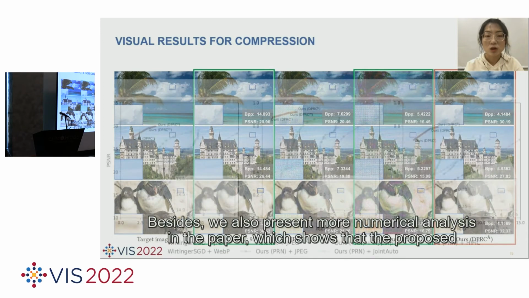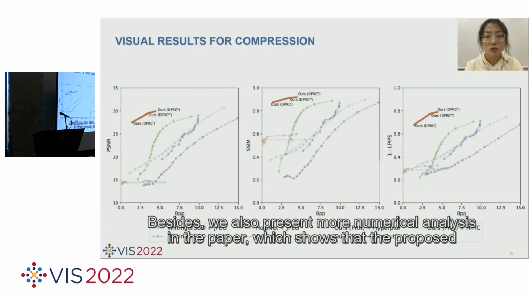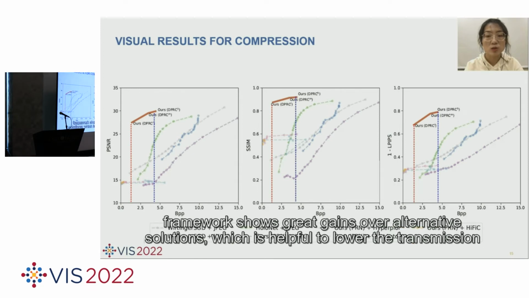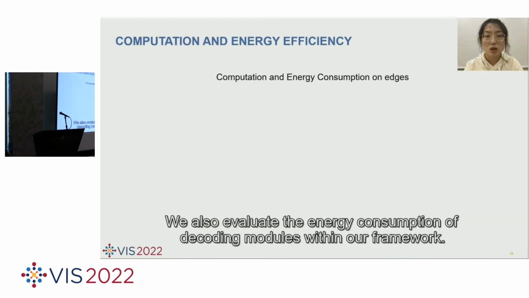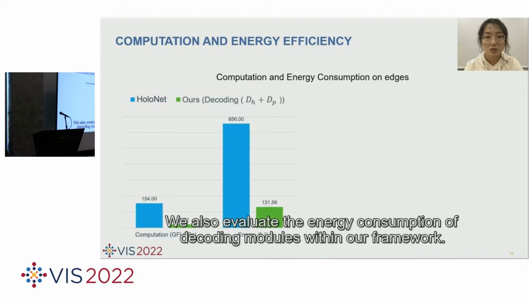Besides, we also present more numerical analysis in the paper, which shows that the proposed framework achieves great gains over alternative solutions, which is helpful to lower the transmission costs. Please refer to our paper for more details. We also evaluate the energy consumption of decoding modules within our framework.